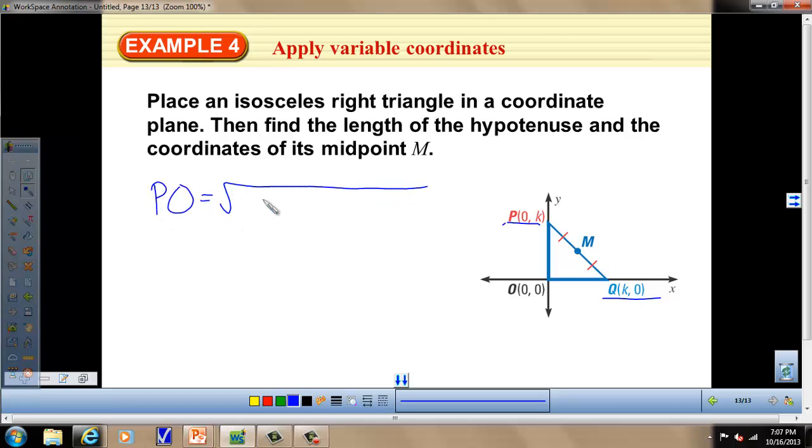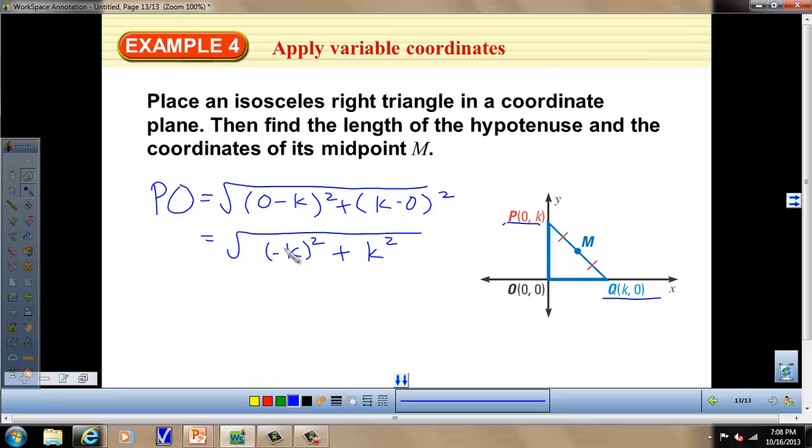And to do that, again, we use the distance formula. And the two x's, we've got 0 and k. And for the y's, we've got k and 0. If we do that, for the first one, we've got 0 minus k, which is negative k squared. And for the second one, we've got k minus 0, which is k, so that's k squared.